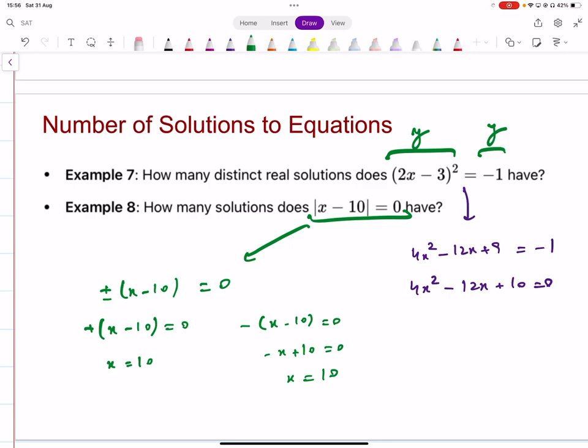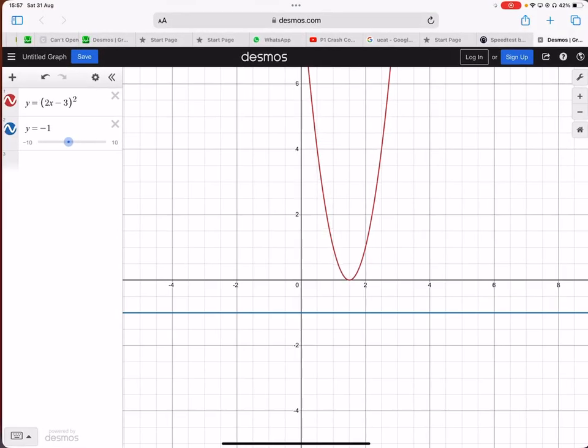You can do this on Desmos as well. This is also possible. You'll say this is one function, y equals this. This is the other function, y equal to 0. All right, and plot these two functions in Desmos now. How do you do that? Modulus of x minus 10 on Desmos.